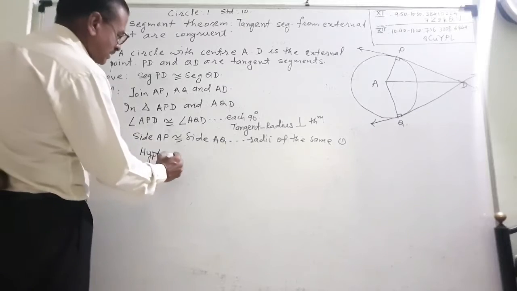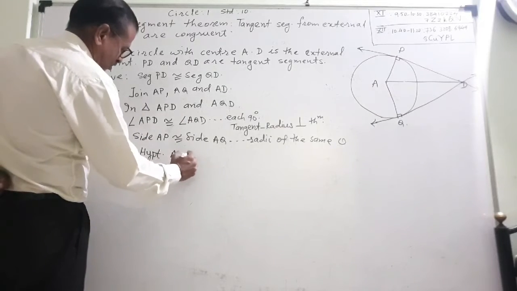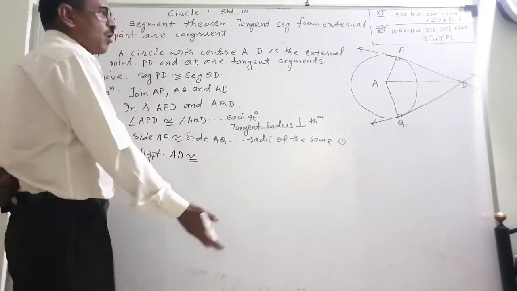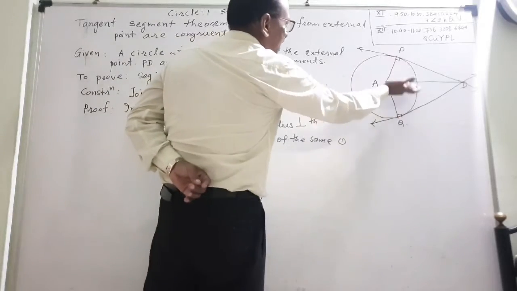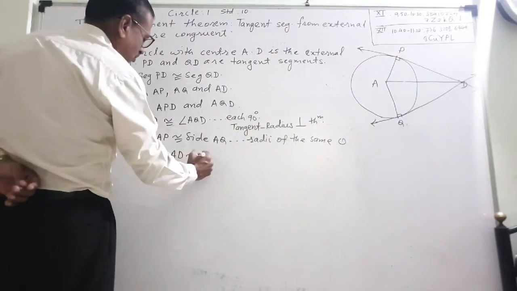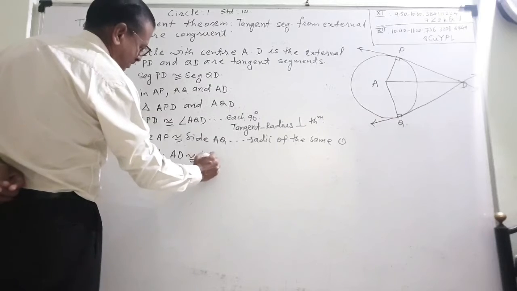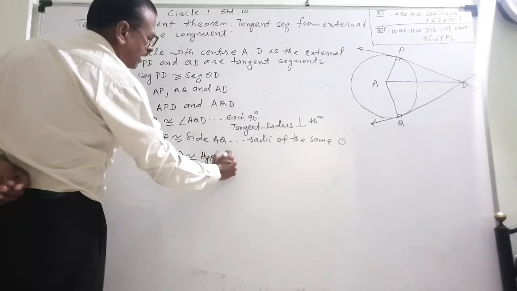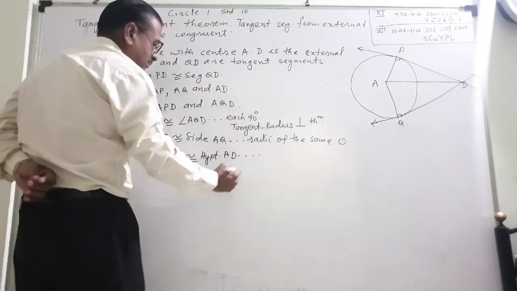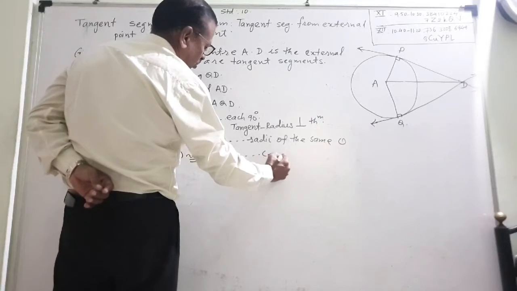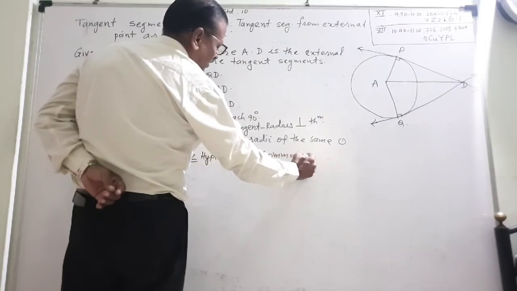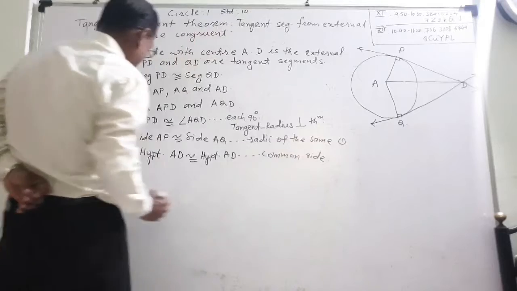Which hypotenuse? AD. Of this triangle AD, and of this triangle also AD. Hypotenuse AD is congruent to hypotenuse AD. Reason: it is a common side for both the triangles.